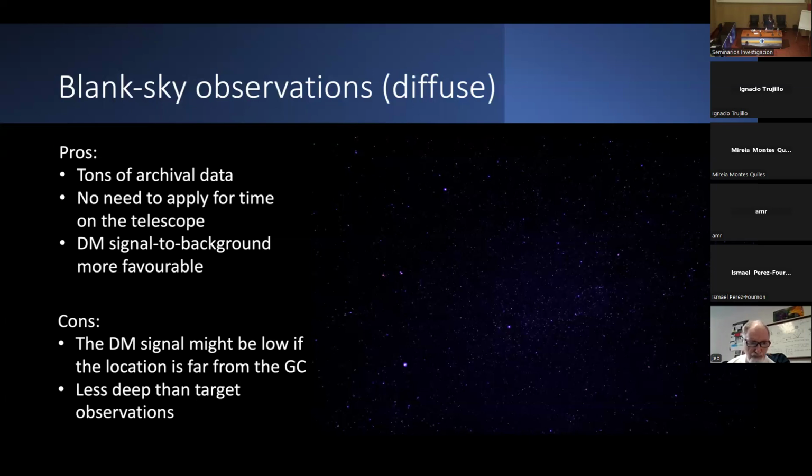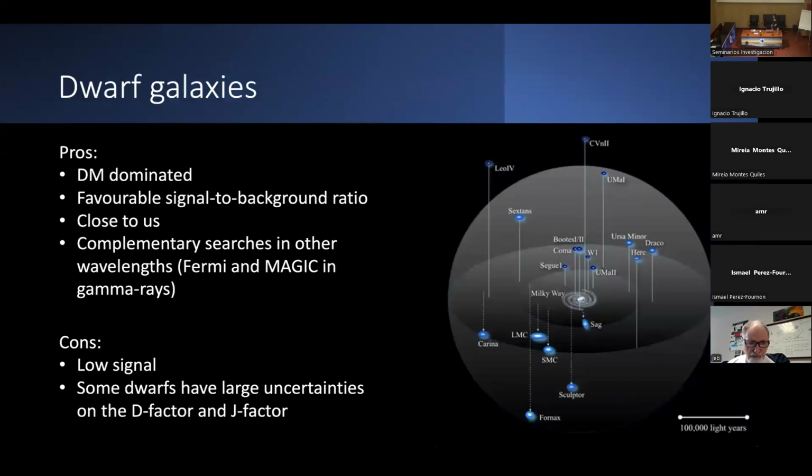It's more fun. Okay, so dwarf galaxies. We like dwarf galaxies because they are dark matter dominated. That's great, so you typically have a favorable signal to background ratio, which is what you want when you look for dark matter. And they're also relatively close to us, so that's also a pro. What I like about dwarf galaxies is that you have a lot of complementary searches in other wavelengths.